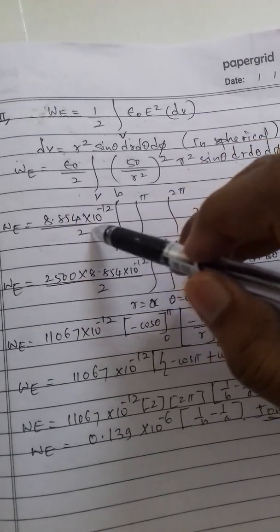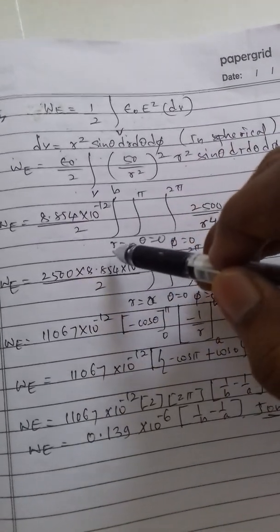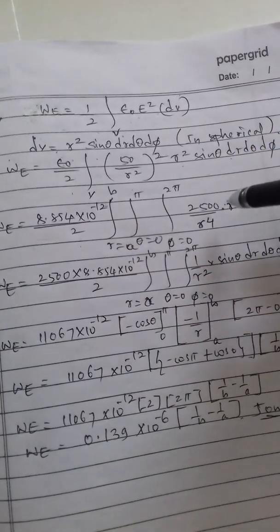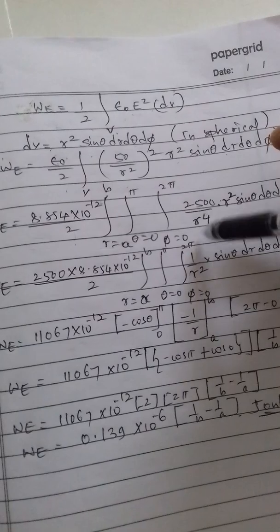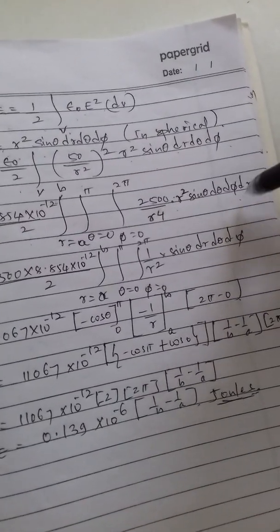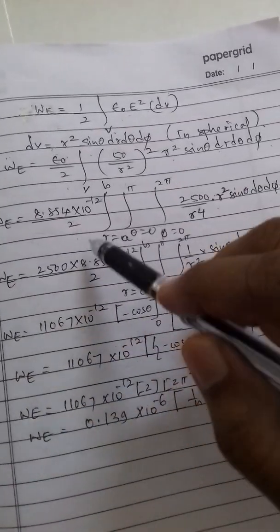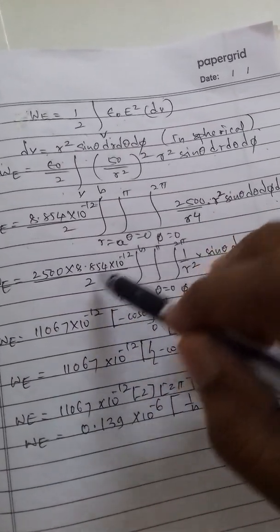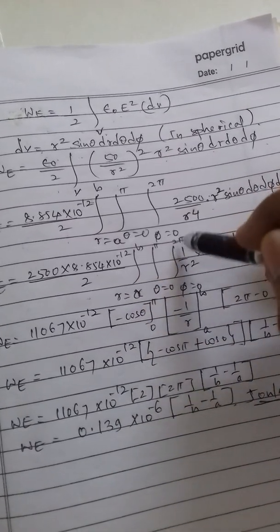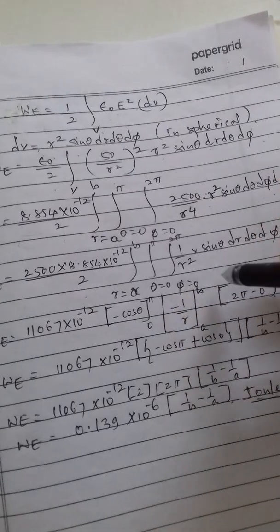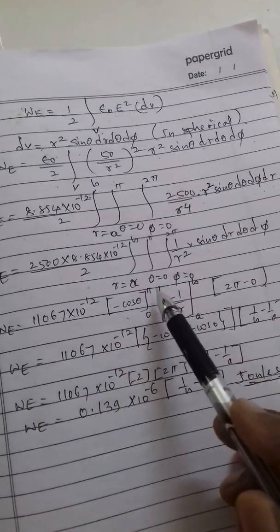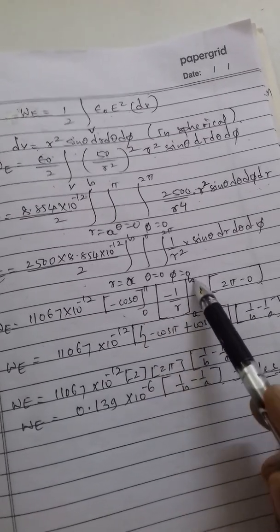Epsilon naught is 8.854 into 10 raised to minus 12, upon 2, integral r is equal to a to b, theta is equal to 0 to pi, phi is equal to 0 to 2 pi, 2500 upon r raised to 4 into r square sin theta d phi d theta dr. This gives 2500 into 8.854 into 10 raised to minus 12 upon 2 times the integral of 1 by r square sin theta, which is minus cos theta from 0 to pi, minus 1 upon r from a to b, and phi from 0 to 2 pi.